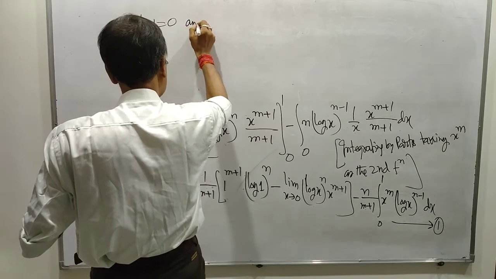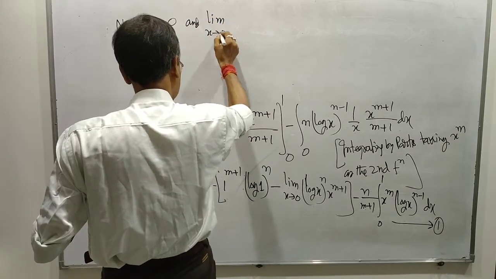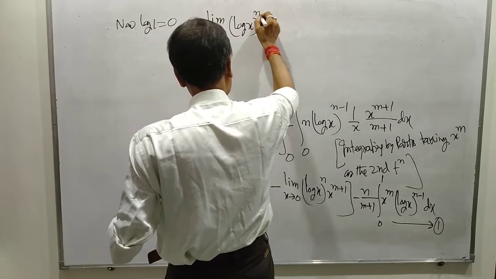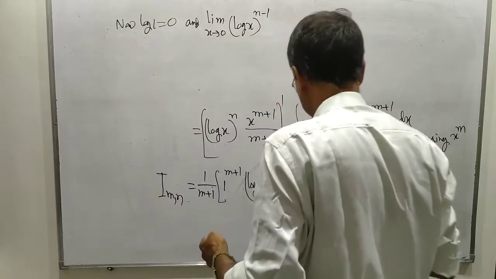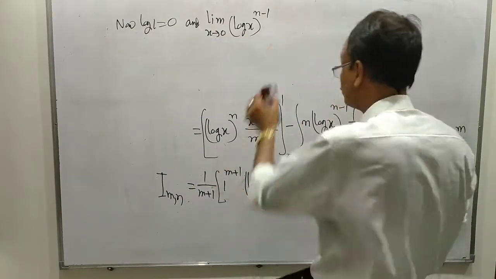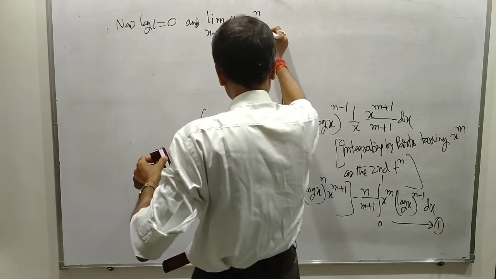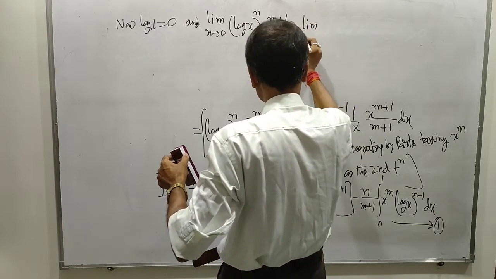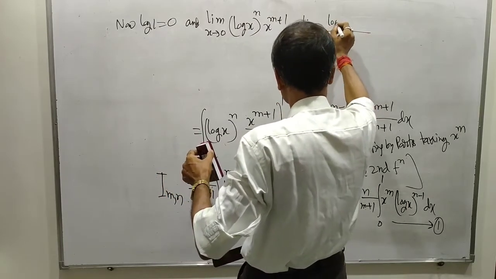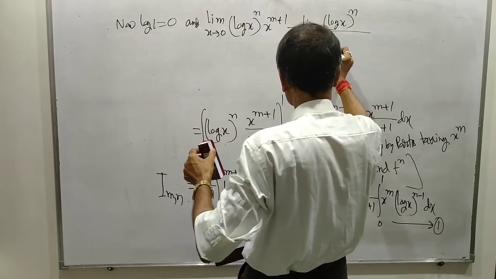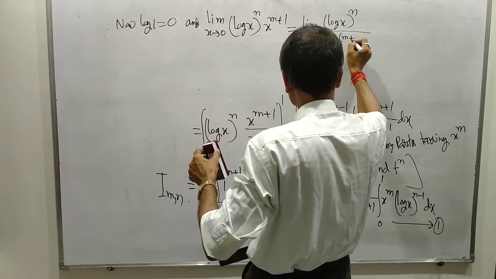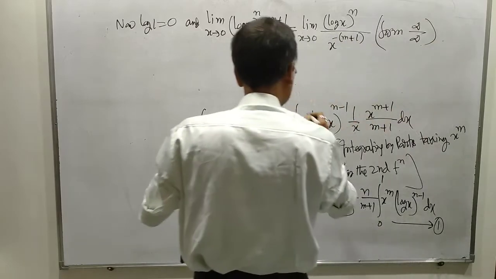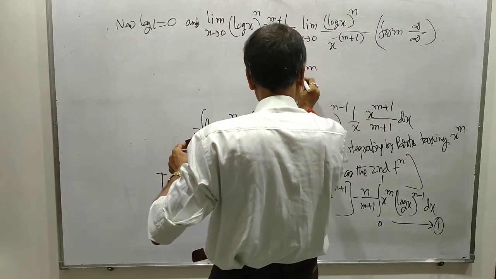And limit x tends to 0 of (log x)^n times x^(m+1), equal to limit as x tends to 0 of (log x)^n divided by x^(-(m+1)). This is infinity by infinity. L'Hospital's rule apply, L'Hospital's rule.